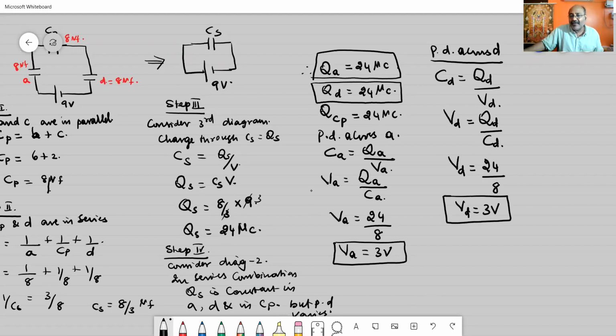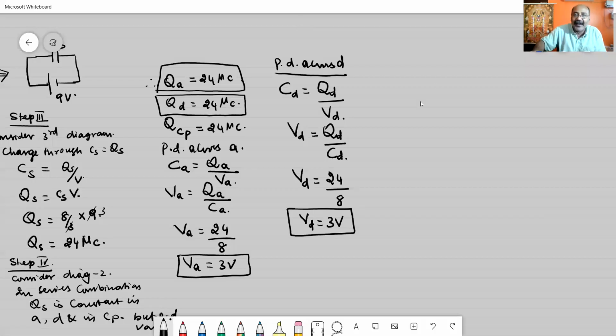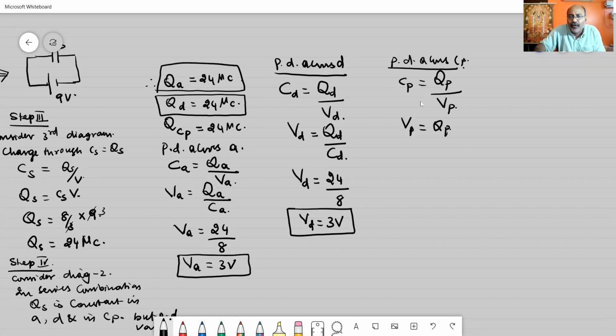Okay. So we have calculated potential difference across A and across D. So again, I am calculating potential difference across CP. So CP is equal to QP divided by VP, so VP is equal to QP divided by CP.